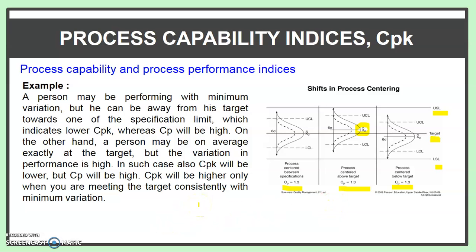The ideal condition we need to get is this one, where the CPK is higher only when you meet the target consistently with minimum variation. Minimum variation, CP highest, CPK highest. That means meeting the target within the USL and LSL.